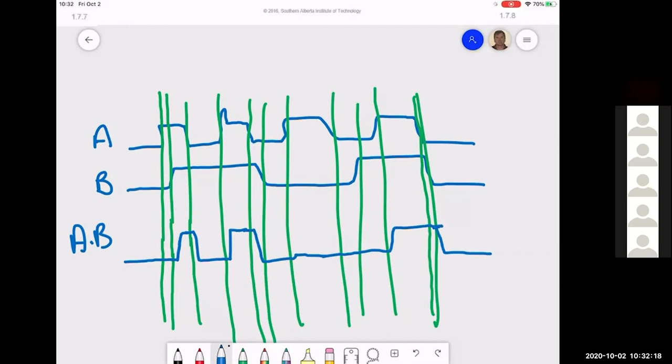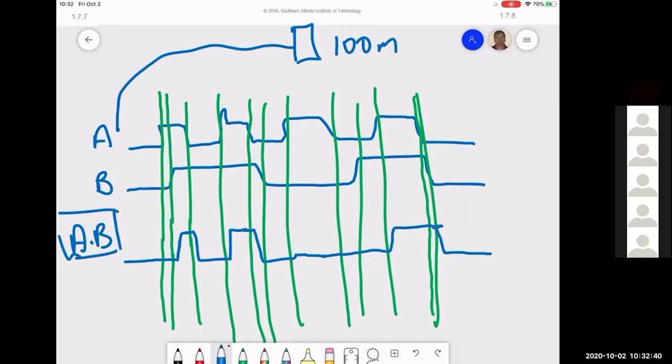Now, imagine, not only do I have this problem, but that signal A is coming from a tank farm 100 meters away. There's going to be a small delay in that signal arriving. So that would offset my AB a little bit as well, wouldn't it?